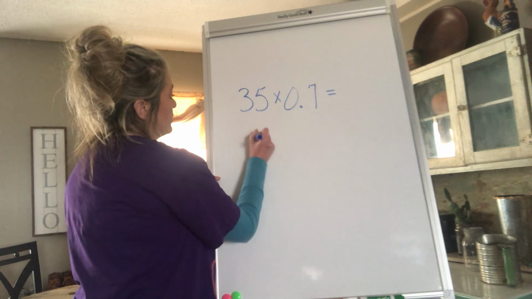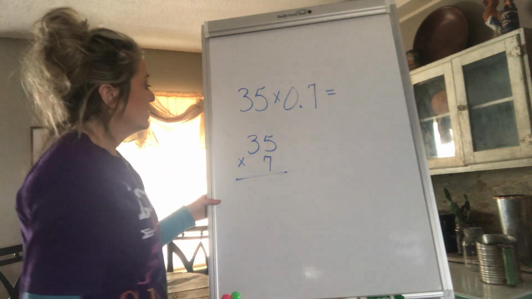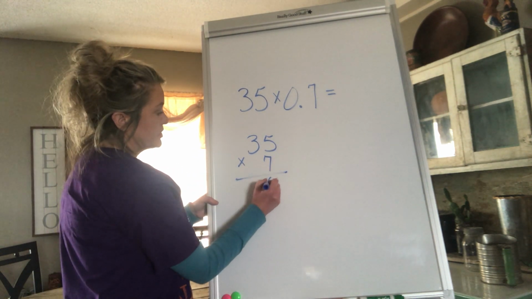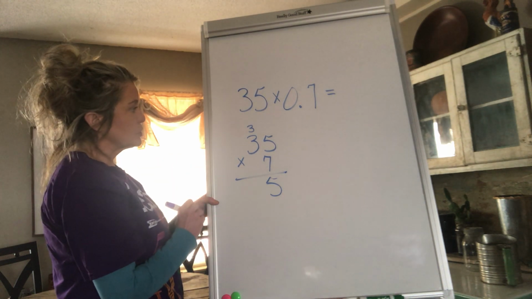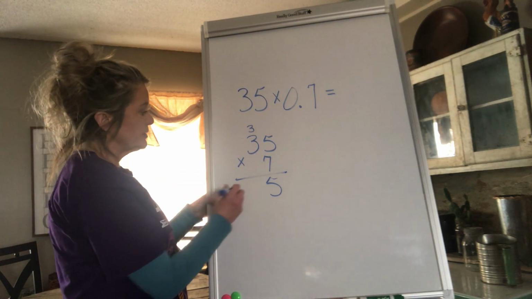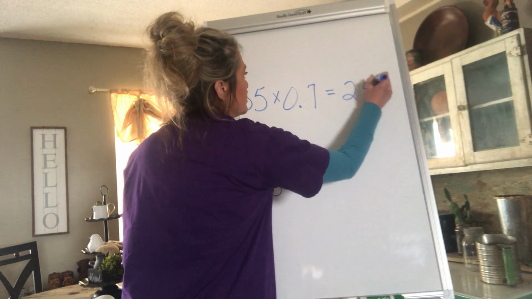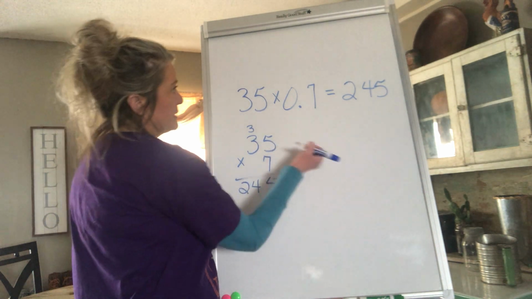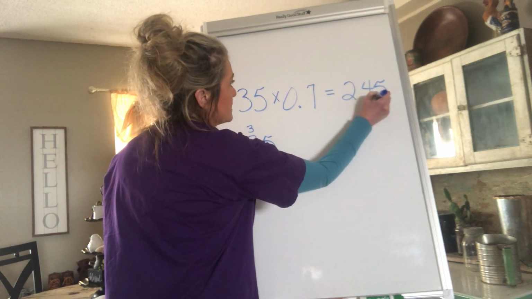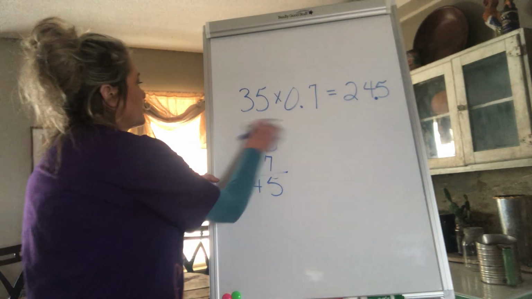So I can do 35 times 7. 7 times 5 is 35. Carry the 3. 7 times 3 is 21, plus the 3 that we carried is 24. So I would have 245, and it was in tenths, so my answer would be in tenths, so I would have 24 and 5 tenths.